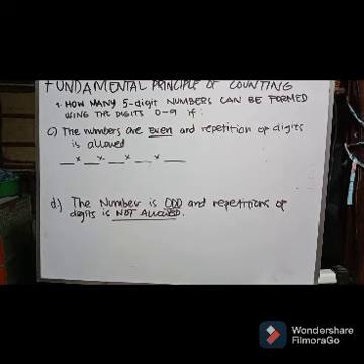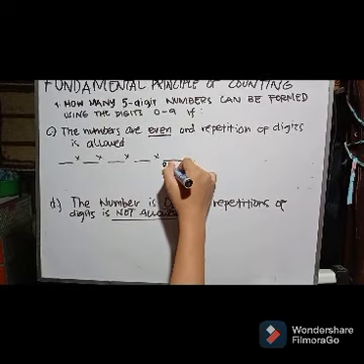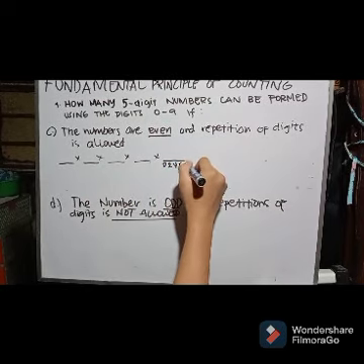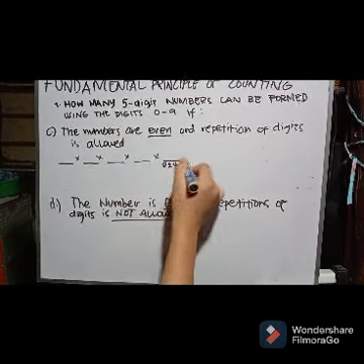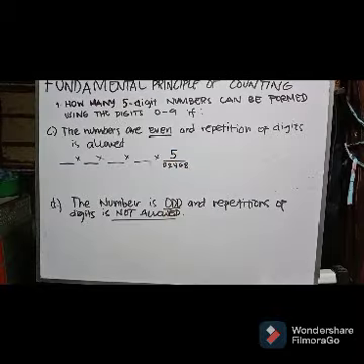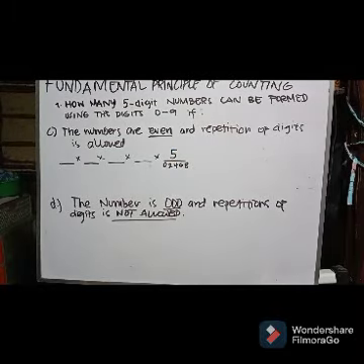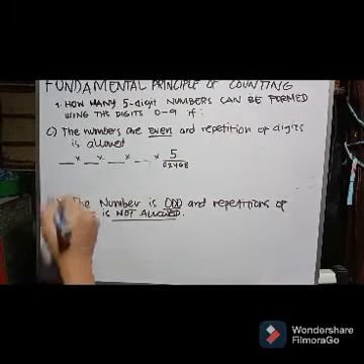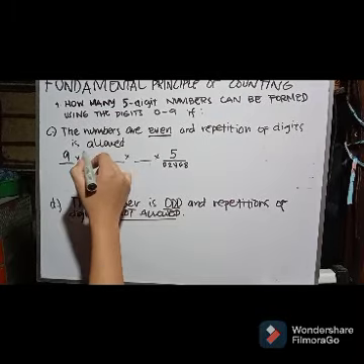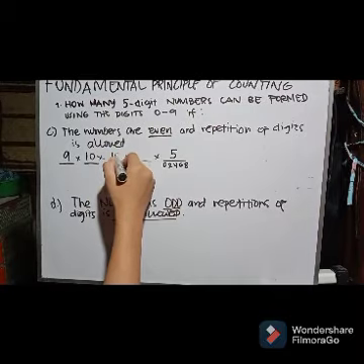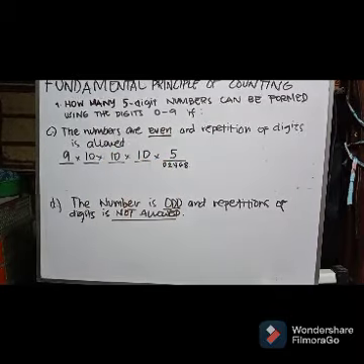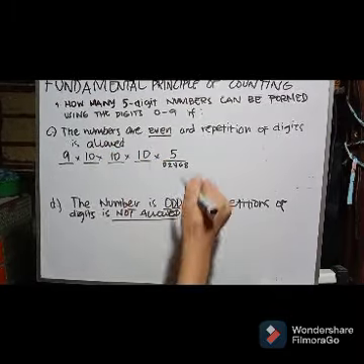So we get 0, 2, 4, 6, 8 as the last digit to make it an even number. So it should be 5, and the repetition of digits is allowed. So this one is still 1 to 9, so it is 9. Repetition is allowed, so it will be 10, 10, and 10. So the answer will be 45,000.